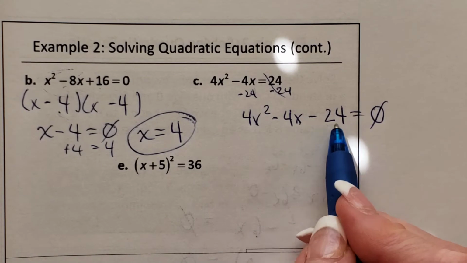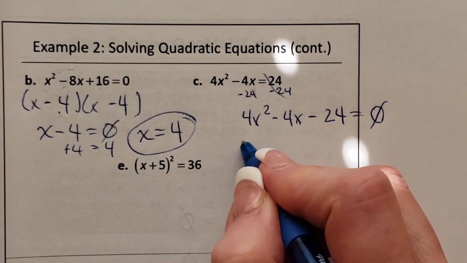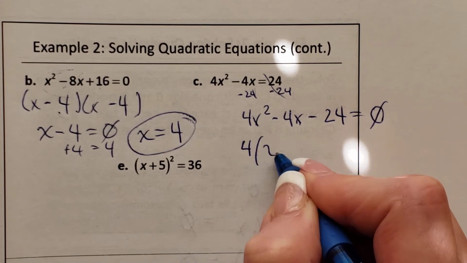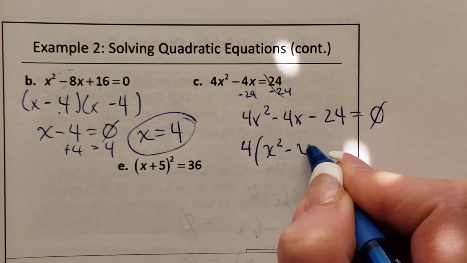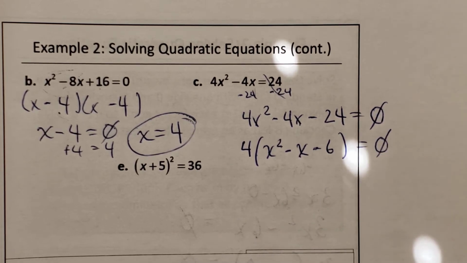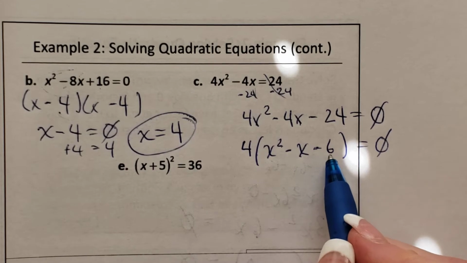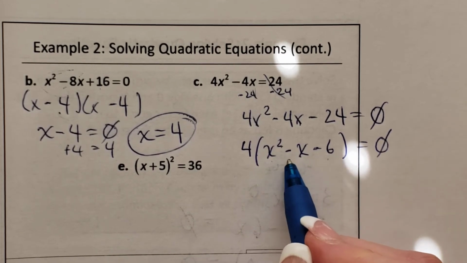Now I'm going to go, okay, well, I can divide every one of these terms by 4. So I'm going to pull out a 4. All right, so now I'm going to think, well, I need 2 numbers to multiply to give me negative 6 and add to give me negative 1.